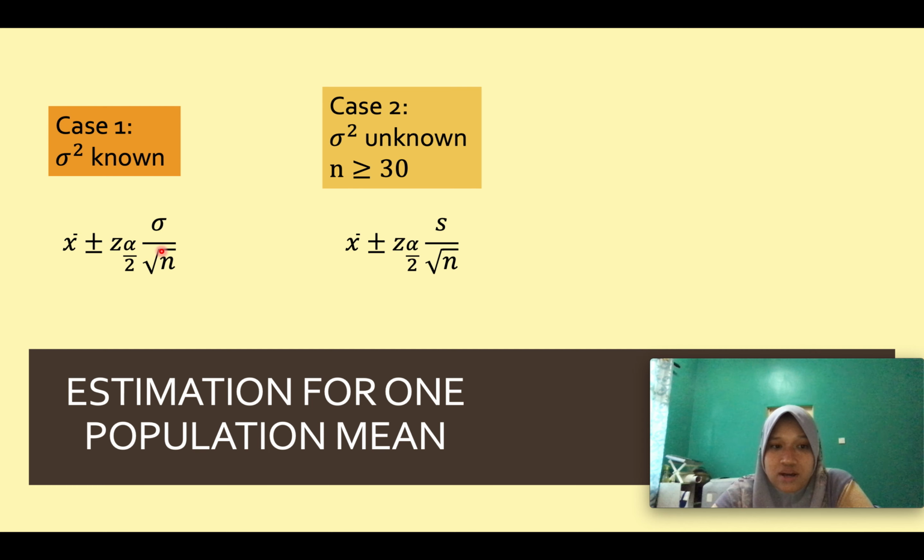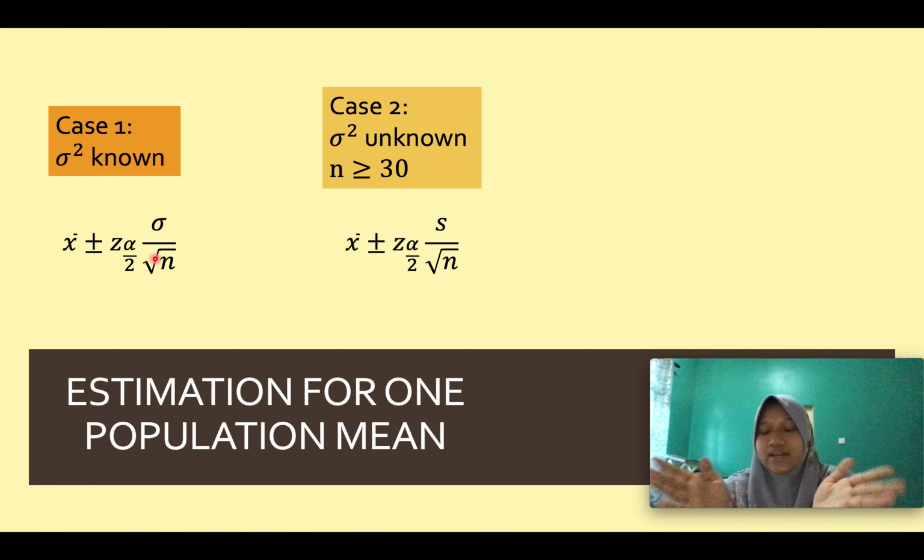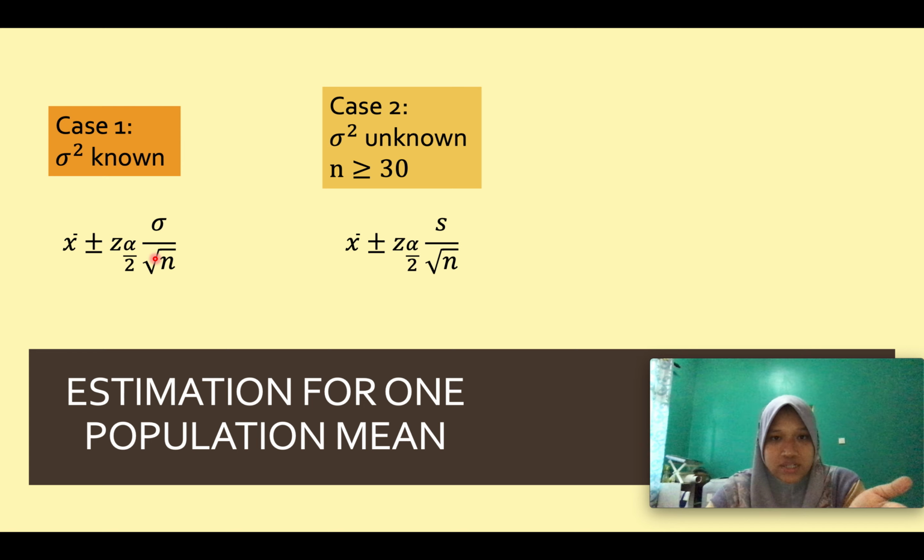Actually, for these two formulas, if you make a mistake the answer is the same, there is no effect. It is just in terms of notation: here it is sigma, this one is s. So remember that case number 1 is when it is known, regardless of the sample size, whether it is small, greater or less than 30. If we know the population variance or population standard deviation, we are going to use case number 1.